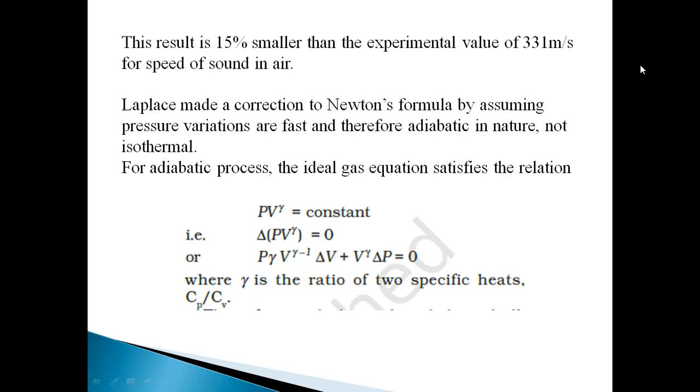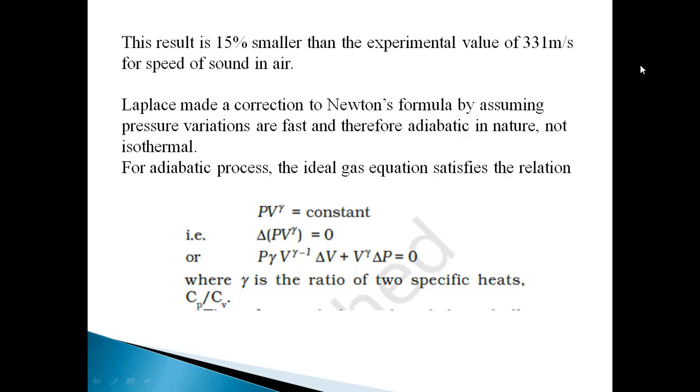So now the equation starts with P V raised to gamma is a constant, and on differentiating we get delta of P V raised to gamma equal to 0. So first keep P aside and differentiate V raised to gamma. So we get P into gamma V raised to gamma minus 1 delta V plus, for the second part, keep V raised to gamma as it is and differentiate P. So we get V raised to gamma delta P equal to 0.